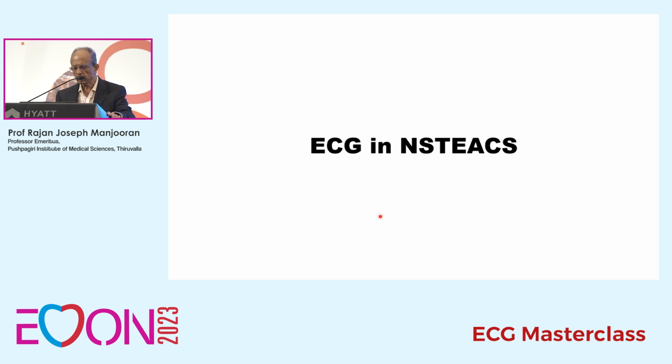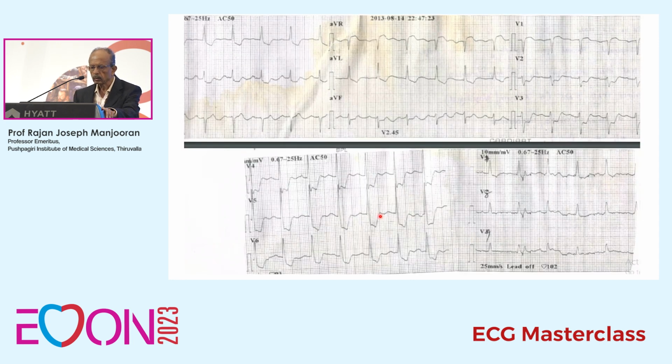Now let's look at a few ECGs in non-ST elevation acute coronary syndrome. So here is an electrocardiogram. You can see that there are few abnormalities which indicate that the patient is already a high-risk candidate. This has been well elucidated by a previous speaker, Bino, in his talk, where you can see that there is ST segment elevation in aVR and ST segment elevation in V1 and significant ST depression in chest leads.